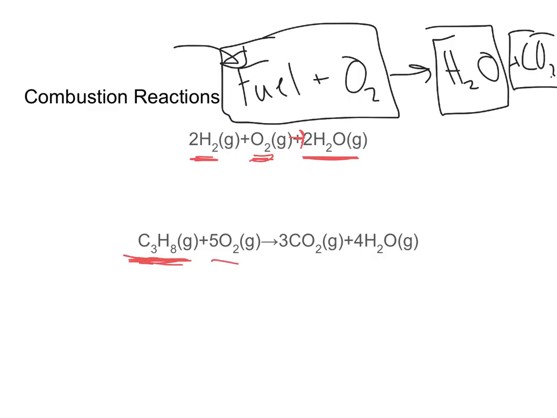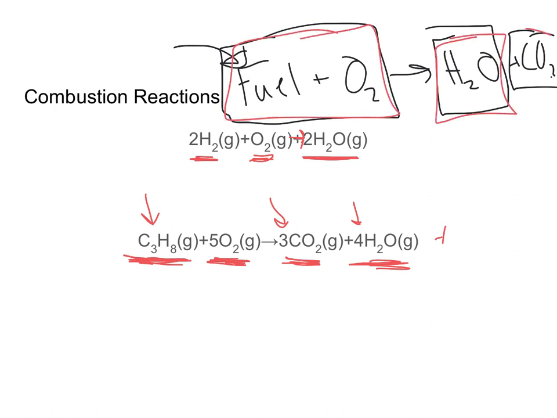This is our fuel. We've got our oxygen combining with our fuel, and we are producing carbon dioxide and H2O. You can see those compounds there. Now the amounts of those change depending on what our fuel is, but we're always going to have that carbon dioxide and the water. And again, most of the time you're going to see carbon dioxide. There might be some other things that are given off, but as long as you see fuel plus oxygen giving off for sure water, sometimes carbon dioxide, you're going to be sitting pretty good at recognizing a combustion reaction.